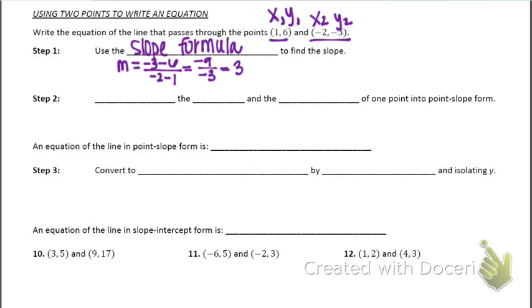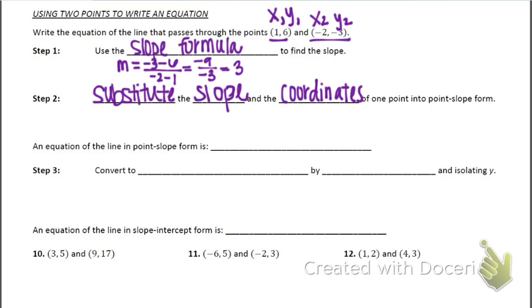Now, is this similar to what we did in the previous examples? I have a slope, and I actually have 2 points to choose from. So what you're going to do is substitute the slope and the coordinates of 1 point into point slope form.